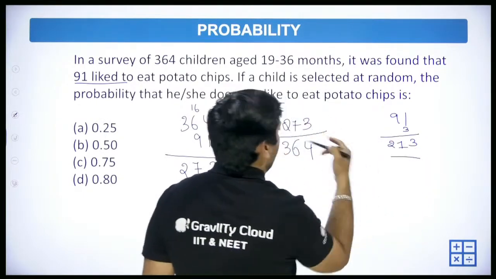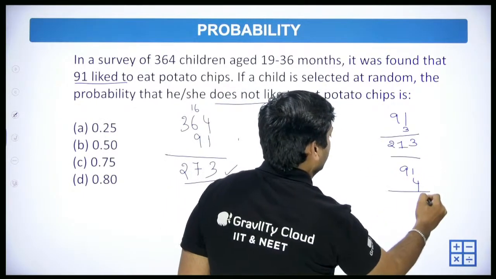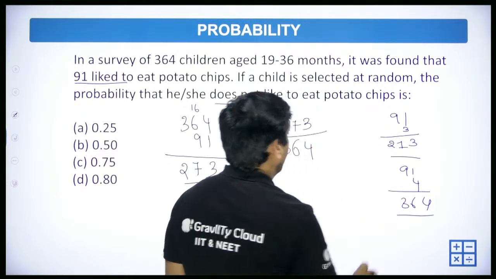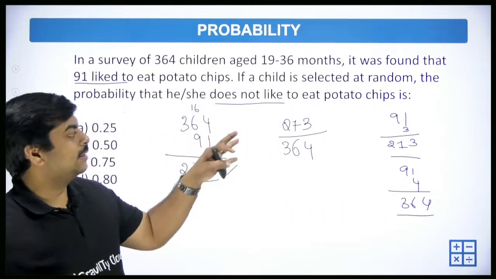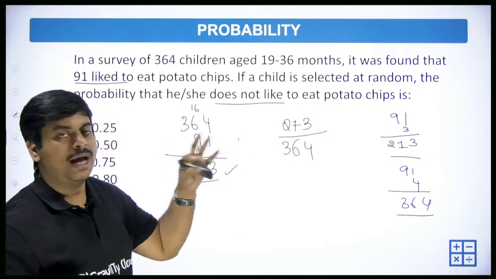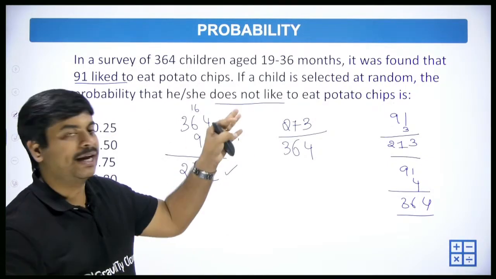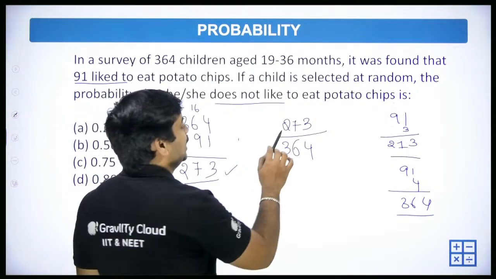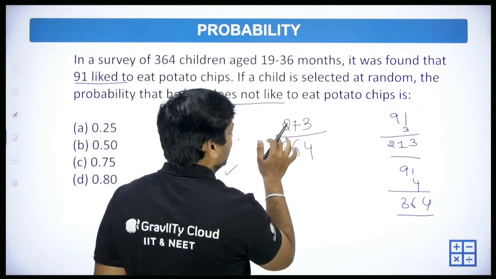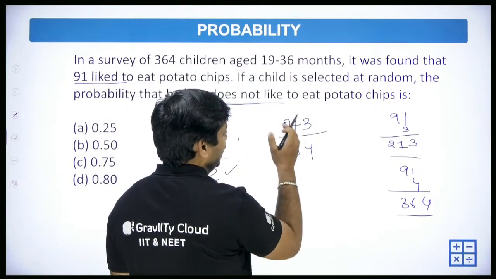Exactly correct. And what is 91 4s? 4 1s 4, 9 4s 36, 364. So this is just a hit and trial method. I thought of 91 because 273 is 91 times 3, and 364 is 91 times 4, so we can cancel that.